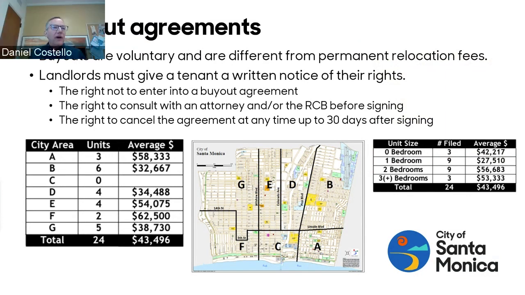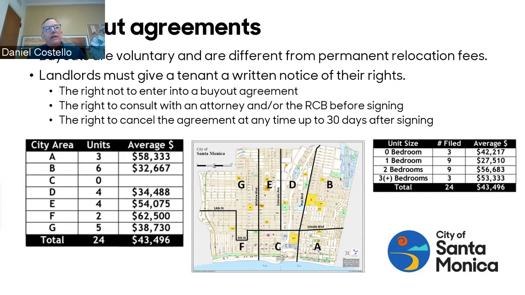Okay, so just before we move on, I just wanted to clarify that the buyout agreements that you see here are just for 2022. We have more information with more rent history on our website. In fact, you can download, I think it's an Excel document, maybe a PDF, of all of the buyouts, and you can get a better sense of what might be market value for a buyout offer. The units indicated there are just the number of units that accepted buyout offers.